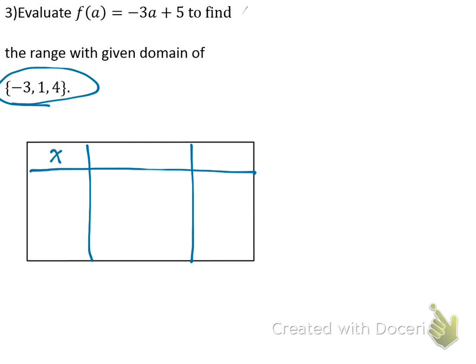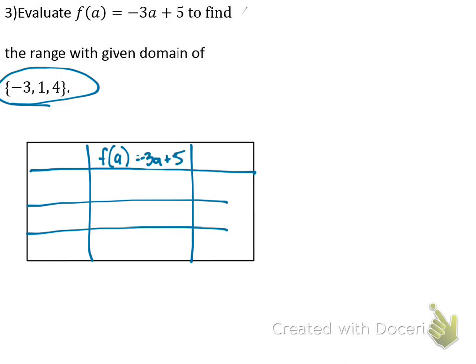It just tells us to find our range here. So f of a is equal to negative 3a plus 5, and this shouldn't be x anymore, actually. I'm going to change this to a here on the top left. Then we have our inputs.